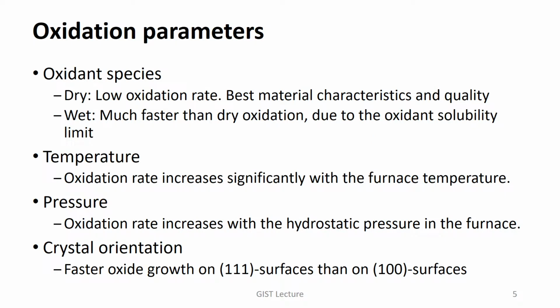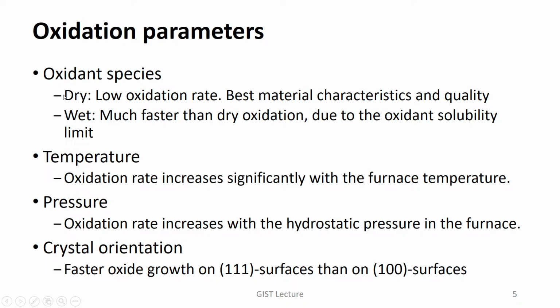There are many parameters related to the oxidation process. First, the oxidant species. As I told you before, there are two different ways to make silicon dioxide, dry and wet oxidation.